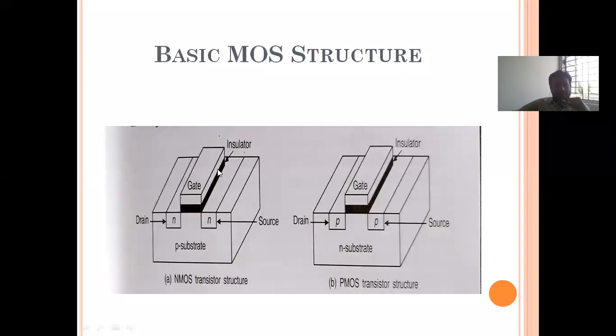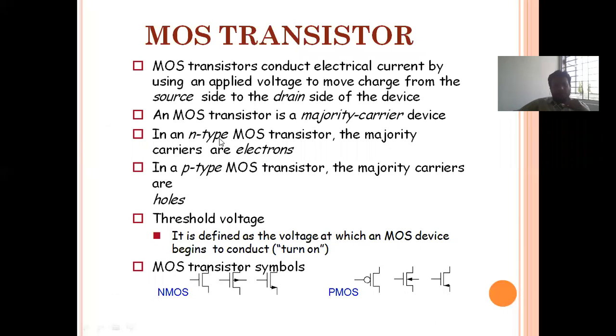On this insulator, the gate layer is there. For the gate terminal, the preferred material is polysilicon. So this is the structure of the NMOS and PMOS, according to N-type MOS and P-type MOS.